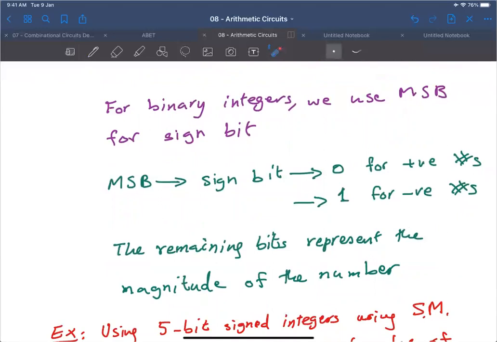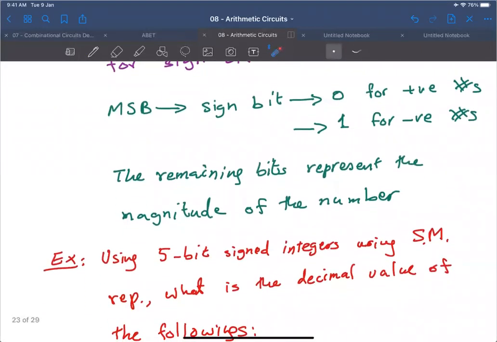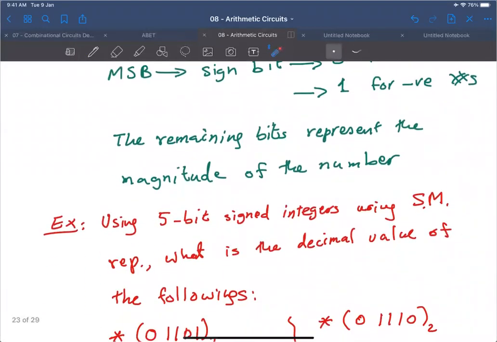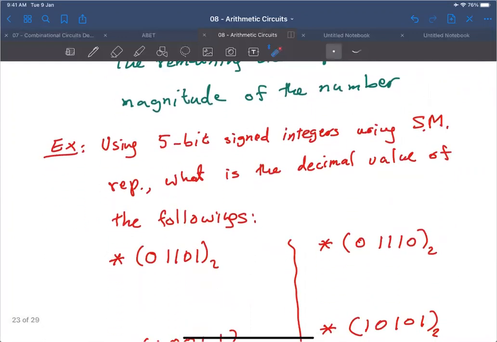Okay, so let's take an example. Using 5-bit signed integers using sign and magnitude, and I'm abbreviating it here as SM representation, what is the decimal value of the following? We have this number here. What is the decimal value of this number?